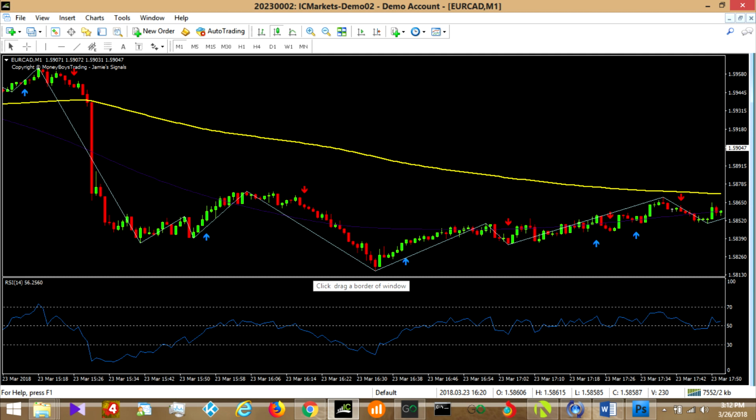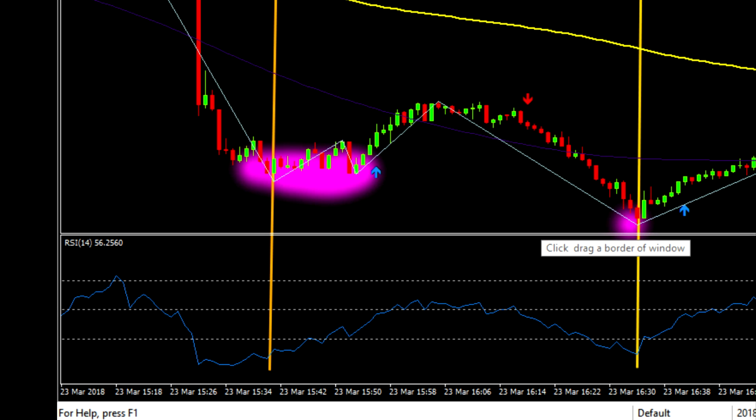So, we wait for information, and there we can see another lower low and another divergence. We can confirm whether this is a divergence: if we spot an engulfing candle, this confirms it is in fact a divergence.